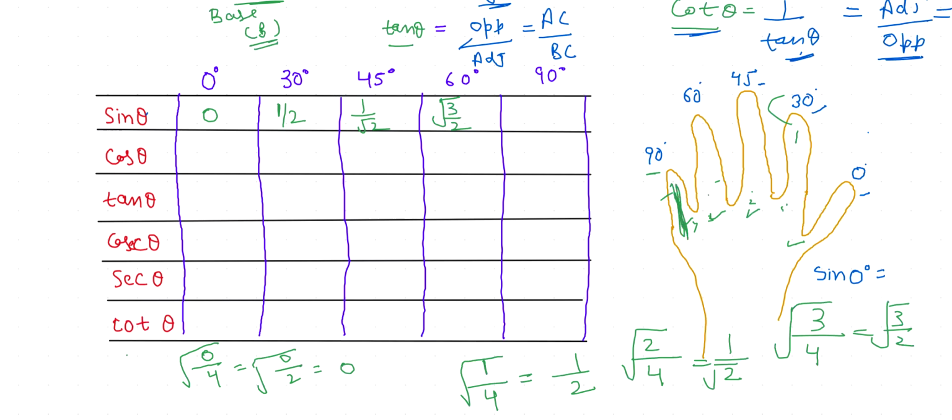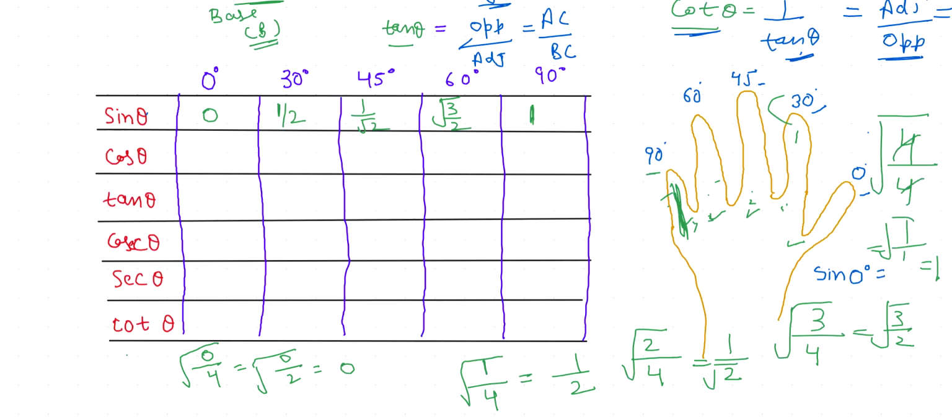So one of them is 90 degree and the remaining are 4. Then take its under root, that is 1 by 1, that is equal to 1. So here you will write the value 1. So by this you can get the values for 0 degree, 30 degree, 45, 60 degree and 90 degree.